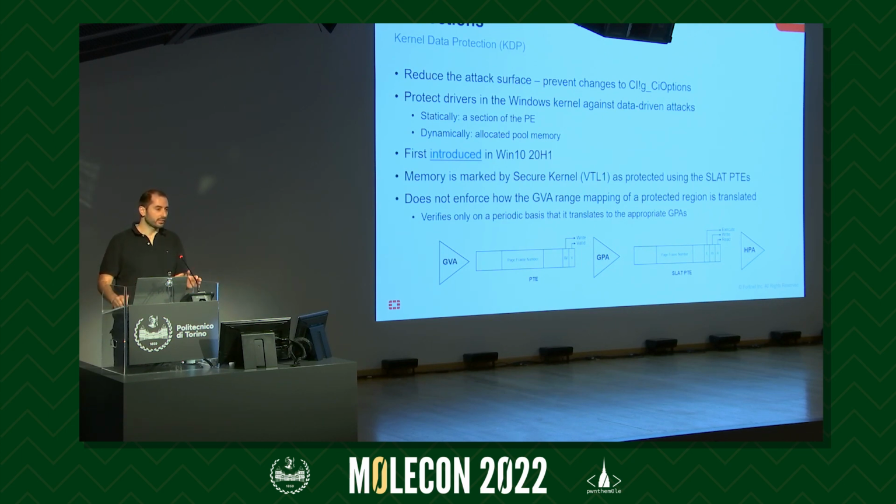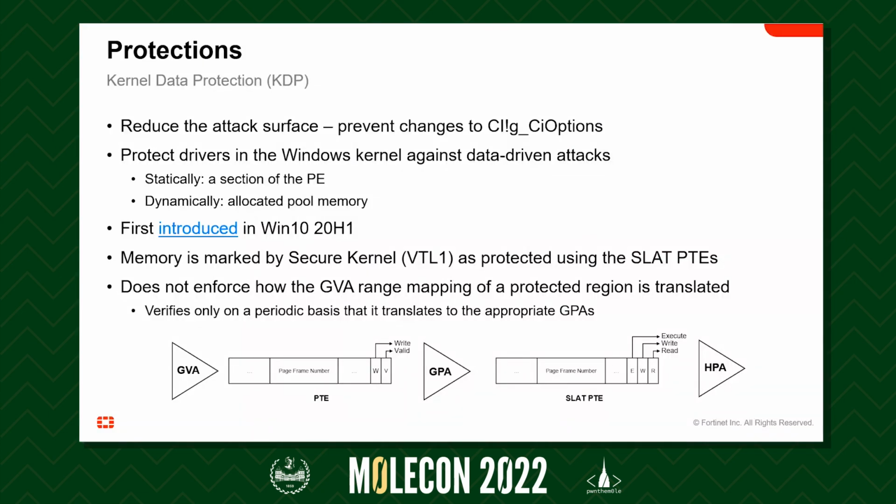The secure kernel maintains the second page table that the regular kernel can't access. Once you ask the secure kernel to protect these areas of memory, it will take off the write permissions from those pages, and then you won't be able to write there anymore.